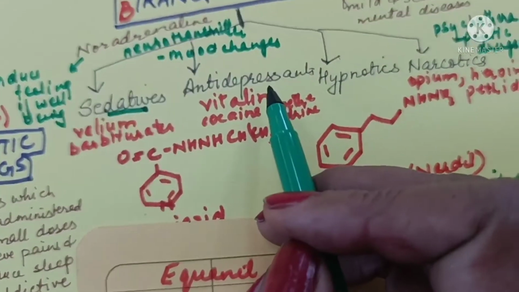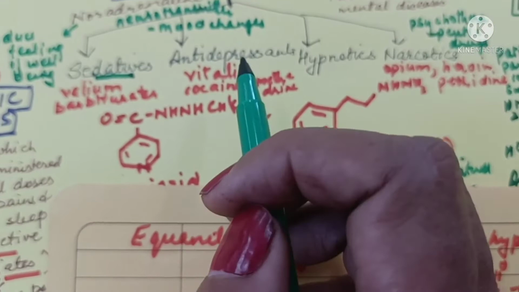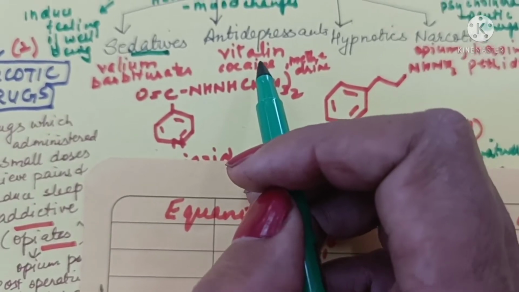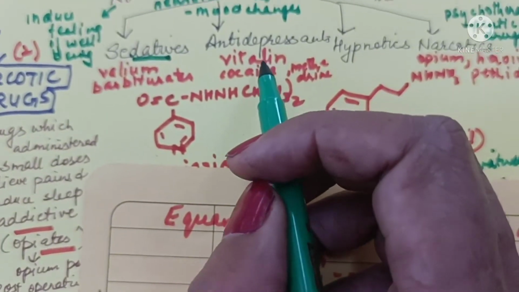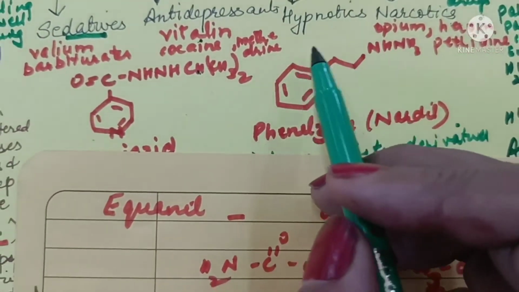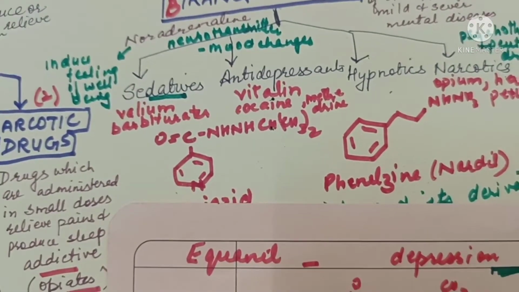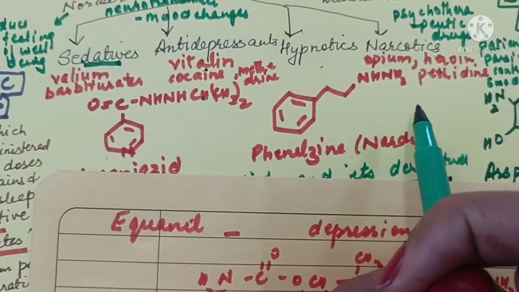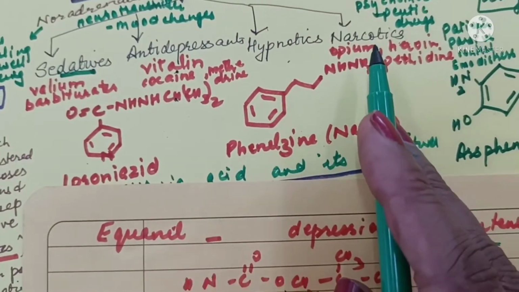Then antidepressants are those tranquilizers which are given to patients with shattered confidence. These will produce a feeling of well-being and confidence in the person having depressed mood. So they are also called mood boosters. Hypnotics reduce the mental tension and anxiety. They are generally sleep inducing, but in lower doses they will calm the person without inducing sleep. And narcotics act as depressants and analgesics. They reduce mental tension and anxiety, and also they reduce pain.